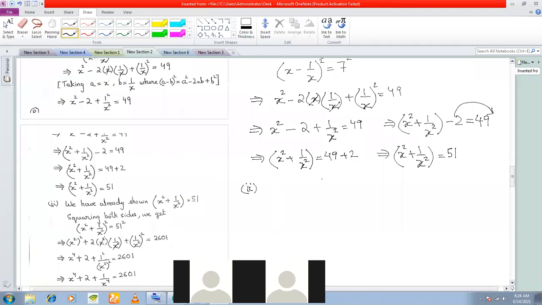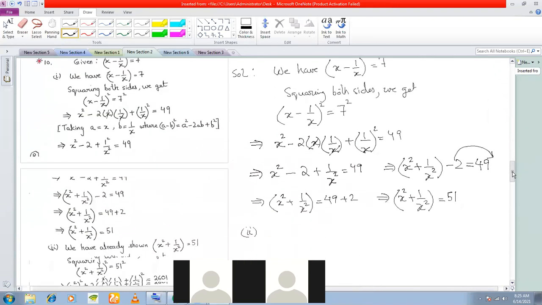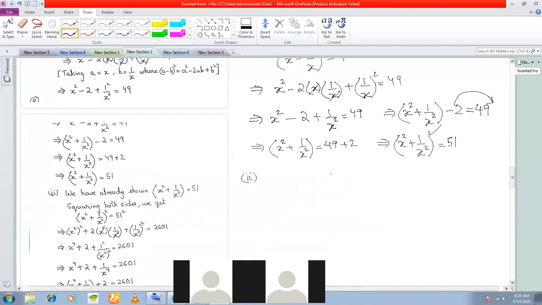For the second part, we want to find x to the power of 4 plus 1 by x to the power of 4. That means from power 2, we can move to power 4 by squaring, right? So we start from x square plus 1 by x square. What is the value of x square plus 1 by x square we have found? 51. So we start with this. We have x square plus 1 by x square is equal to 51.